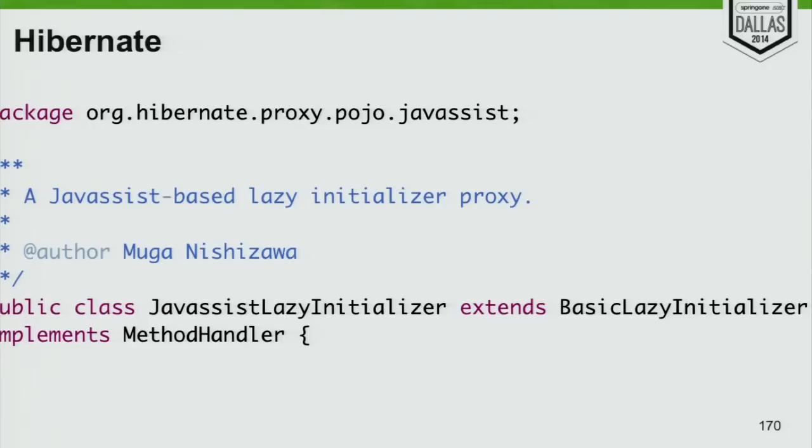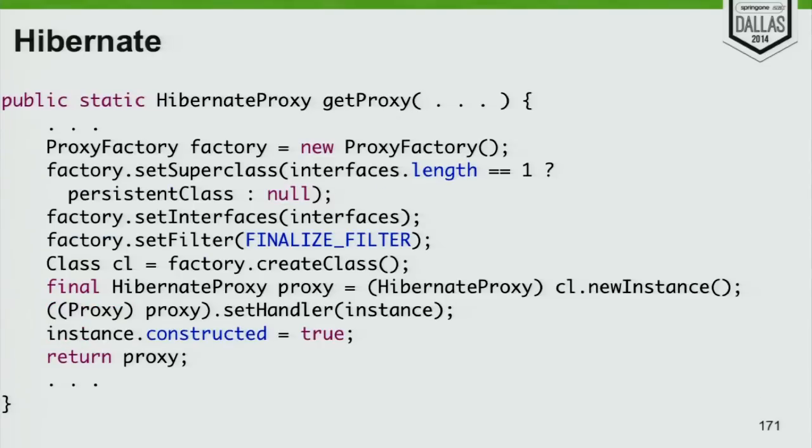Now, under the hood, what's happening? Well, Hibernate has a Javassist lazy initializer, and it has a get proxy. The code up here is essentially all Javassist. Javassist has a proxy factory. Hibernate sets the superclass to be the class that we are essentially proxying, so in our case, it would be team. It adds the Hibernate proxy, or adds the interfaces, and then it sets a handler.